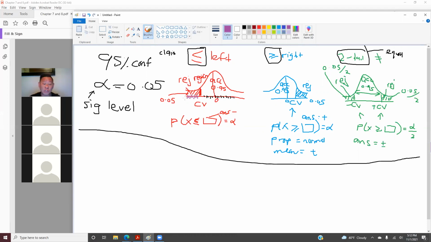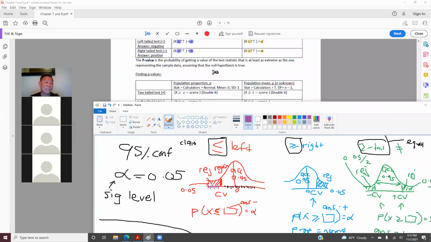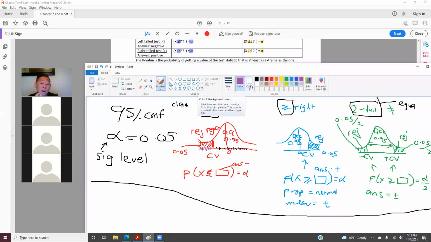If it falls in the rejection area, then you will reject. If it falls in the accepting area, then you will accept your null hypothesis. So it depends on your critical value and on what your test statistic is. Again, we are not really concentrating much on this. I'm just teaching you how we perform a hypothesis test here. So this is one way to do it, which is a lot of work.